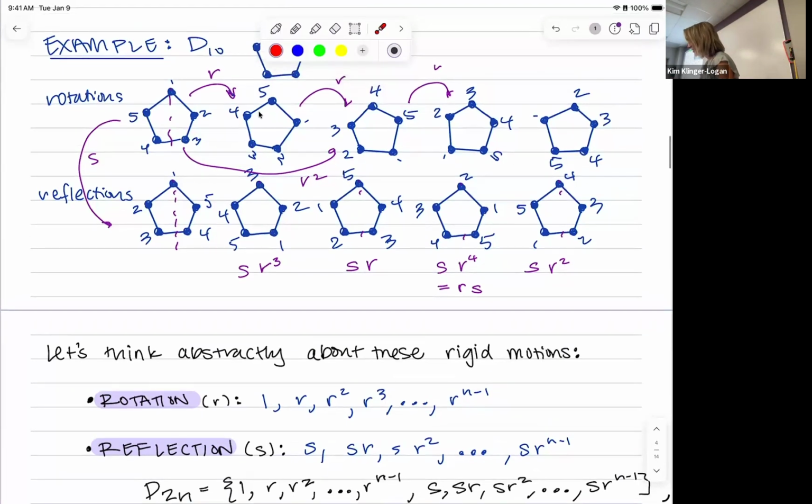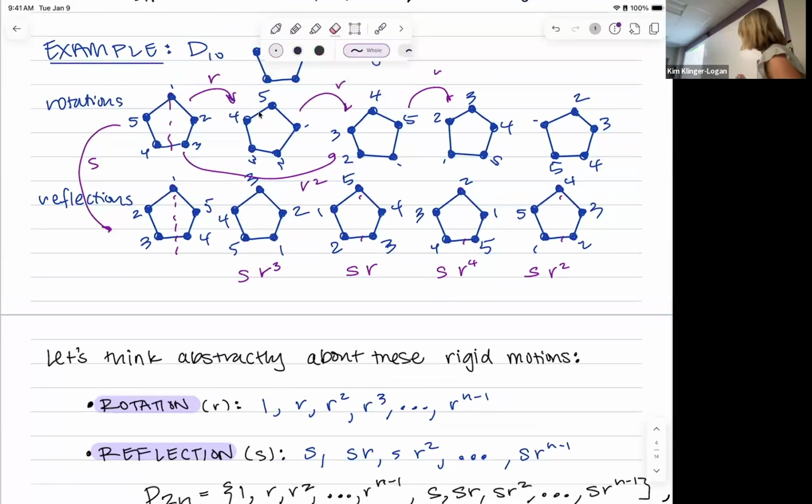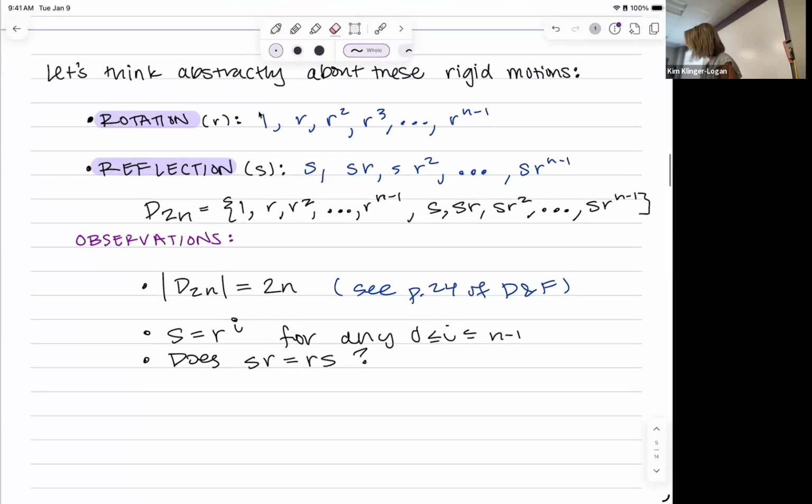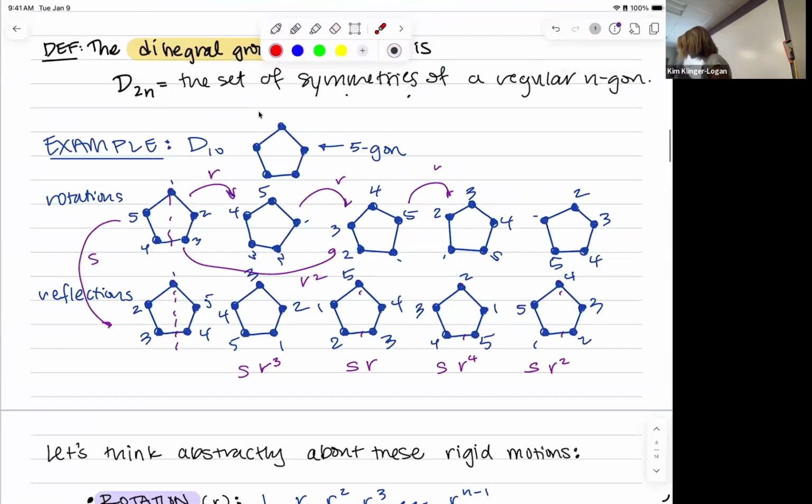Good question. Okay, so the question then is, if I do a rotation, if I do R and then apply S, is it the same as S and then apply R?